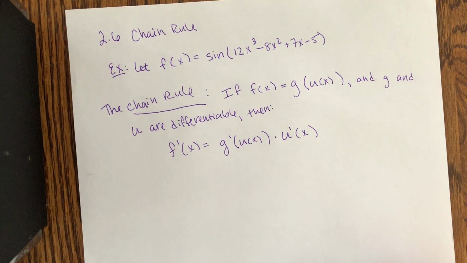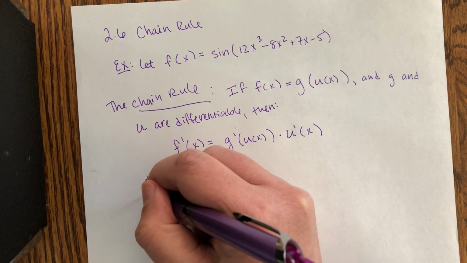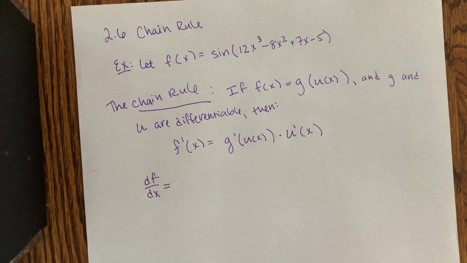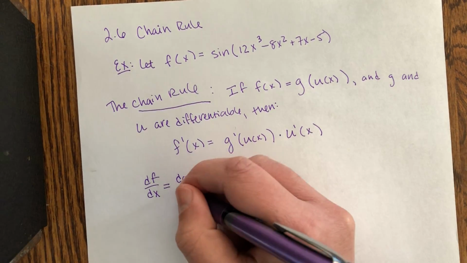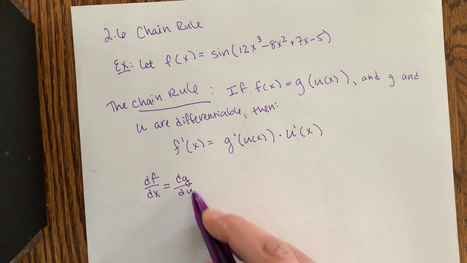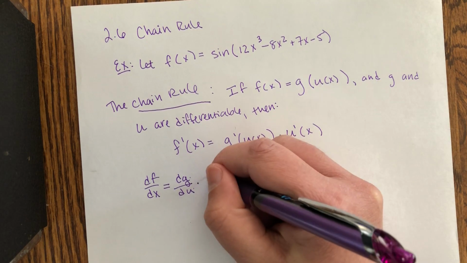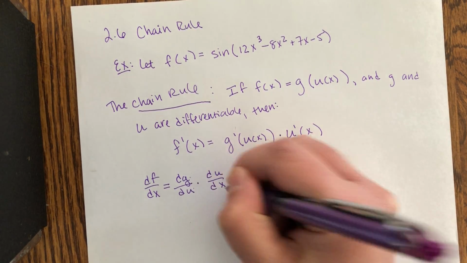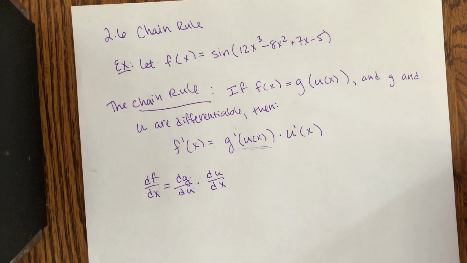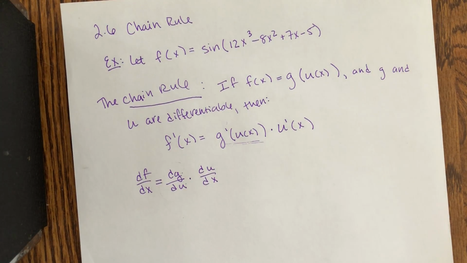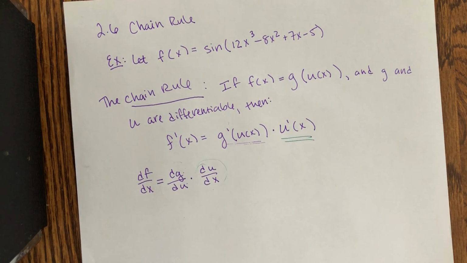Okay, essentially what this comes down to is the fact that the derivative of f with respect to x can be thought of as the derivative of your outer function g with respect to u, so dg du means the derivative of g with respect to u, times the derivative of u with respect to x. Right, that's this part here, and then the du dx, that's this part here.